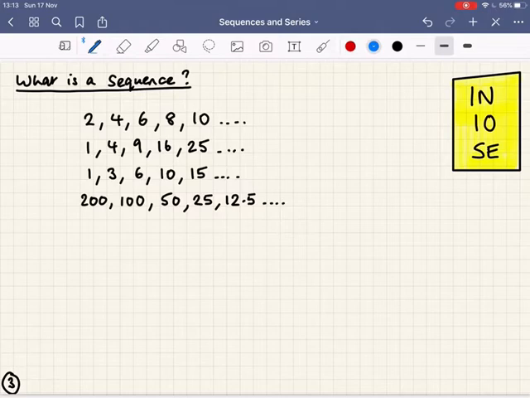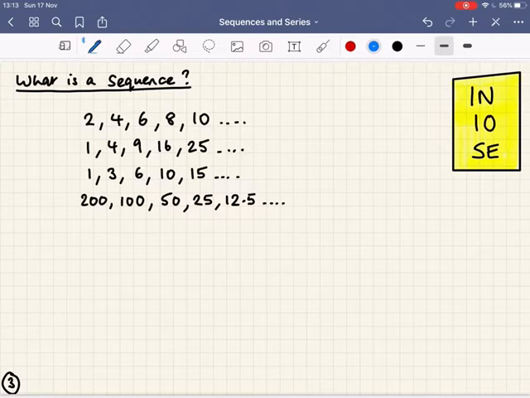The third sequence there, 1, 3, 6, 10, 15. Well, this is slightly different because the difference between the terms goes up by 1 every time. It goes from 2 to 3 to 4 to 5. It's the triangular number sequence. So 1, 3, 6, 10, 15. The next term would be 21 because the difference between the terms would have to be 6.